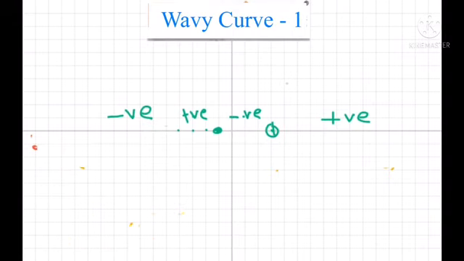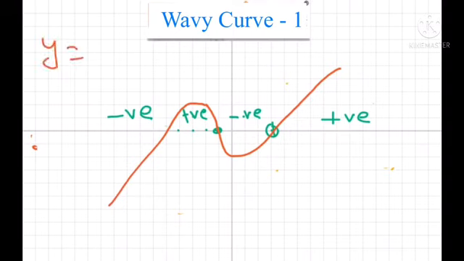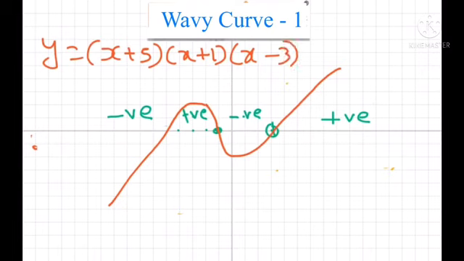So let's see the graph of this. It is positive in this region, negative here, positive here, and again below minus 5 it is negative. So the graph of y equal to (x plus 5)(x plus 1)(x minus 3) is as shown.